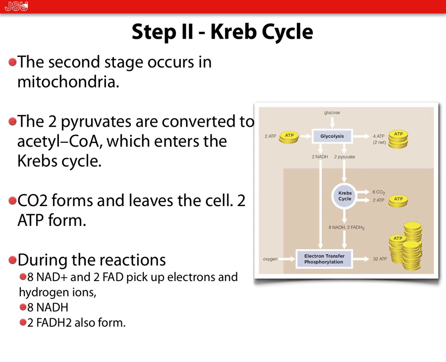Pyruvate comes into the Krebs cycle. CO2 comes out of the Krebs cycle. Some ATPs come out of the Krebs cycle. And more importantly, NADH and FADH2 come out of the Krebs cycle. We can convert that NADH and FADH2 into ATP during electron transfer phosphorylation. So know what comes in and what comes out.